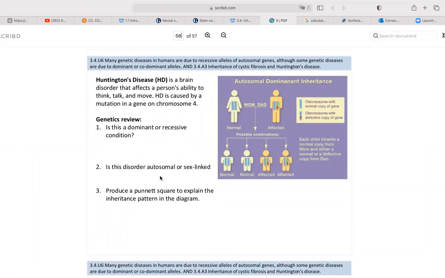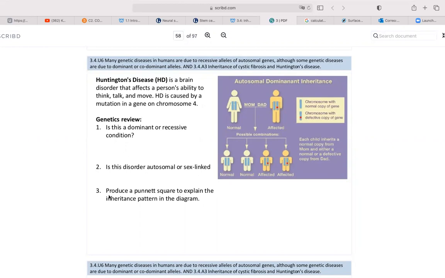So remember, we have 23 pairs of chromosomes as humans, 46 chromosomes, but just 22 pairs are autosomal chromosomes and just one pair, X and Y, are sex chromosomes. So if Huntington's disease is produced because of a mutation in chromosome 4, is it autosomal or sex-linked? I don't know, right?